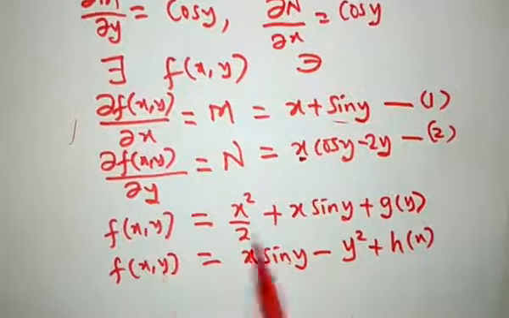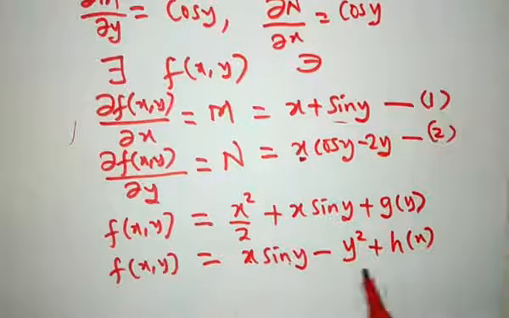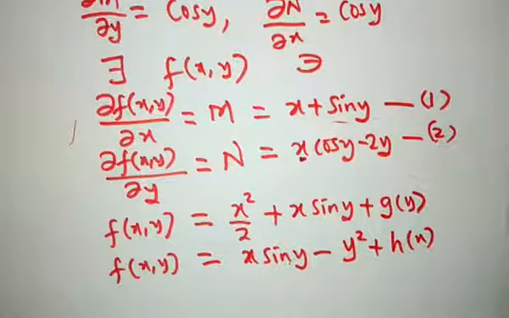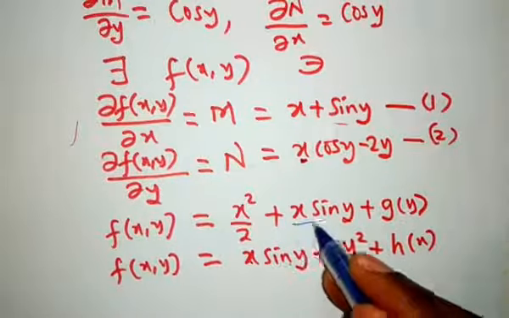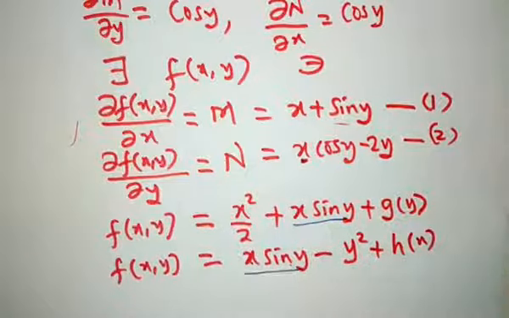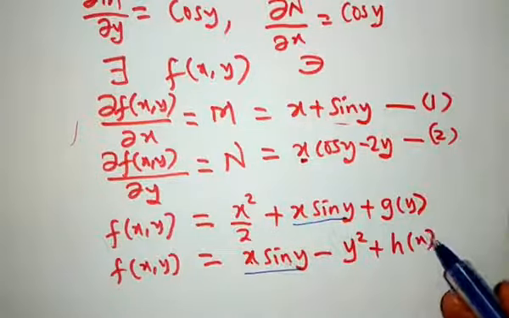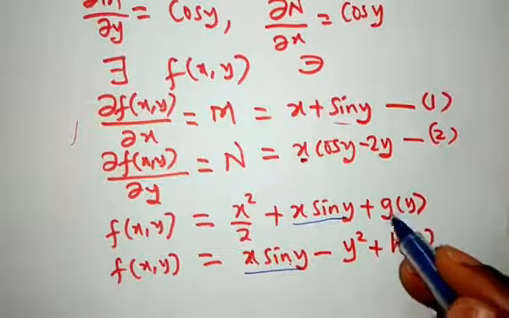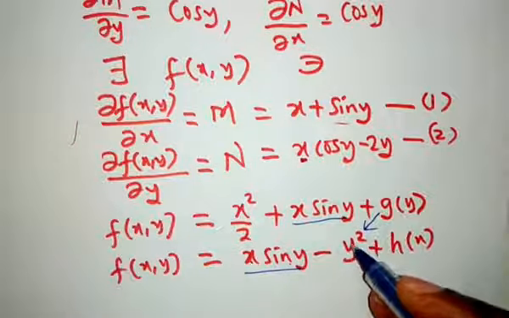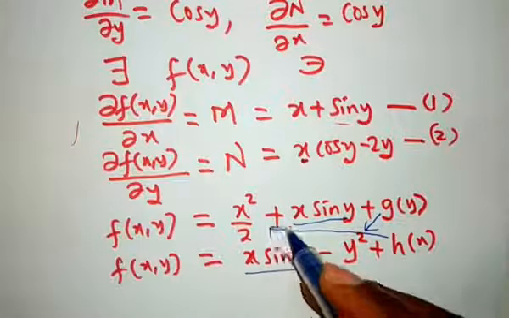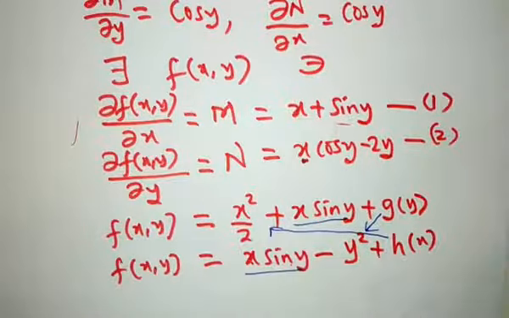Now this is f of x comma y, and this is also f of x comma y. So if you compare these two, we see that we have x sine y here, and x sine y here. So for these two expressions to be equal, it must be that g of y equals minus y squared, and h of x is equal to x squared over 2.